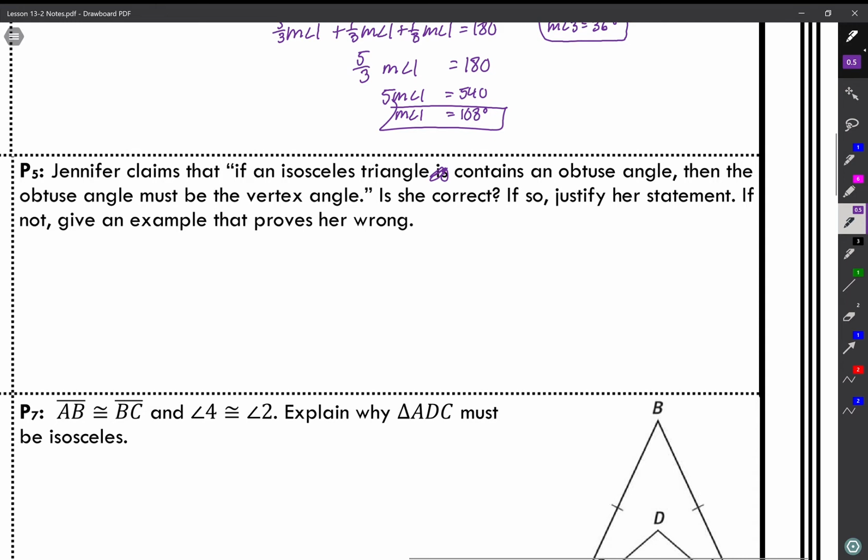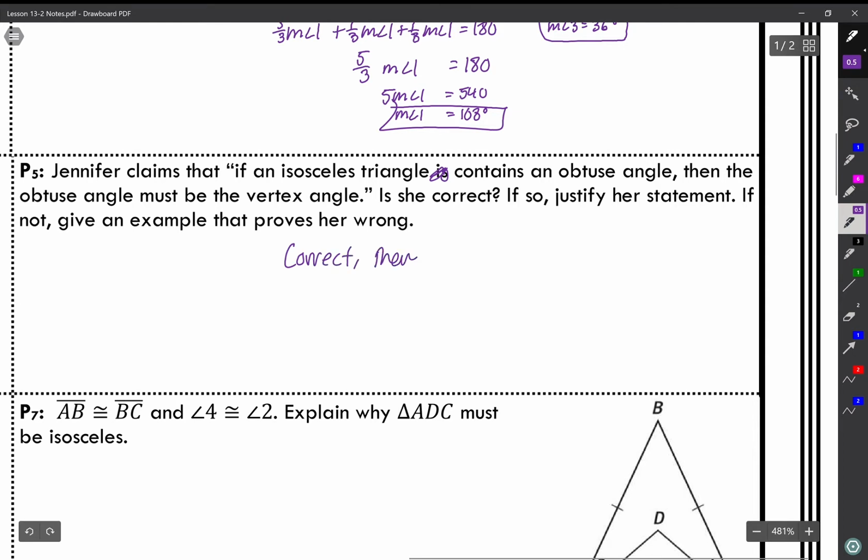This is not possible in a triangle because obtuse angles are greater than 90 degrees. So say if I had 91 degrees and 91 degrees, that would give me 182 degrees, which is over what the sum of the angles in a triangle is. So there can only be one obtuse angle, so it would have to be the vertex angle. So we'll say correct.